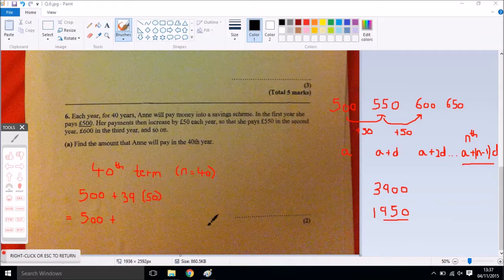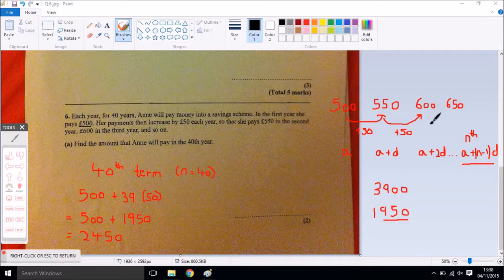So you just do 500 add 1,950, and adding those two together gives you 2,450. So that is how much she pays in the 40th year.